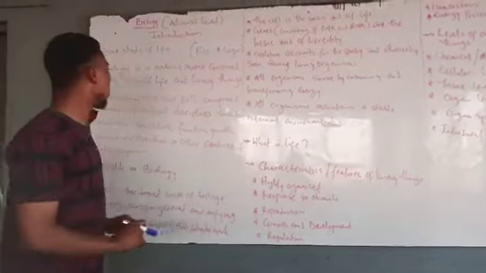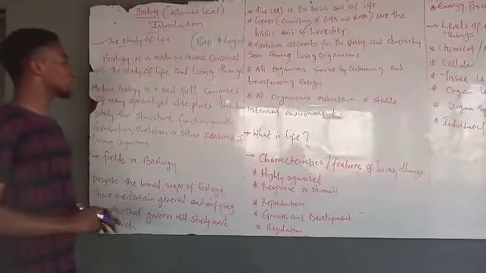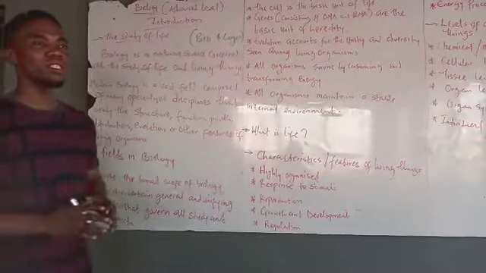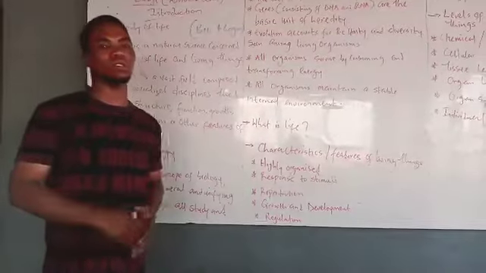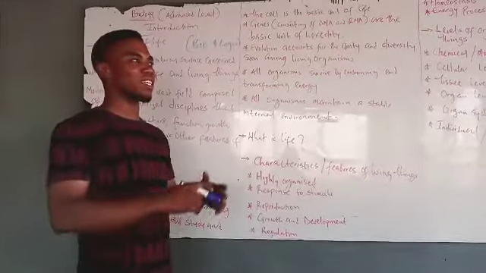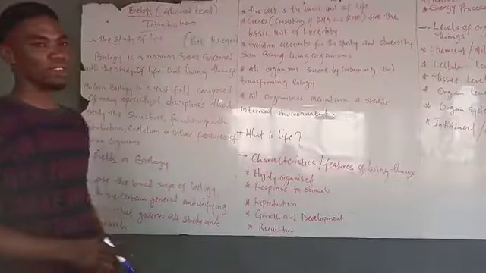Modern biology is a vast field composed of many specialized disciplines. That is, biology is a very wide course, and it has so many disciplines and fields in it that all together study living things.